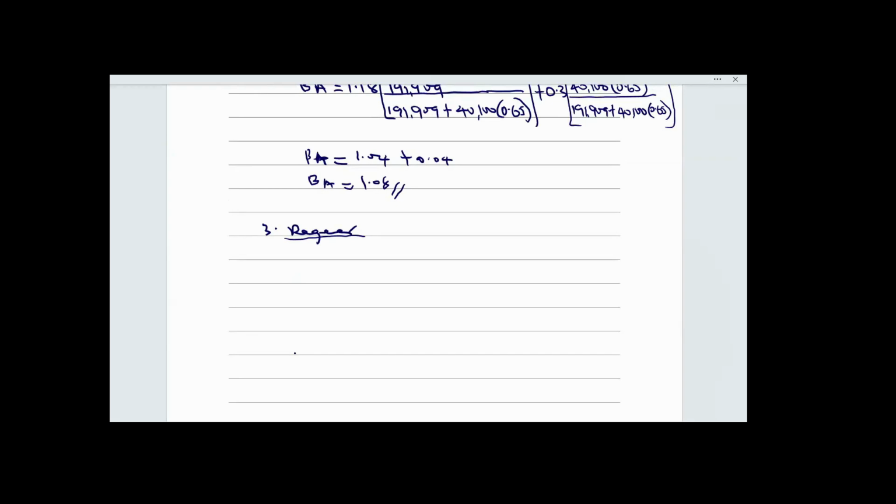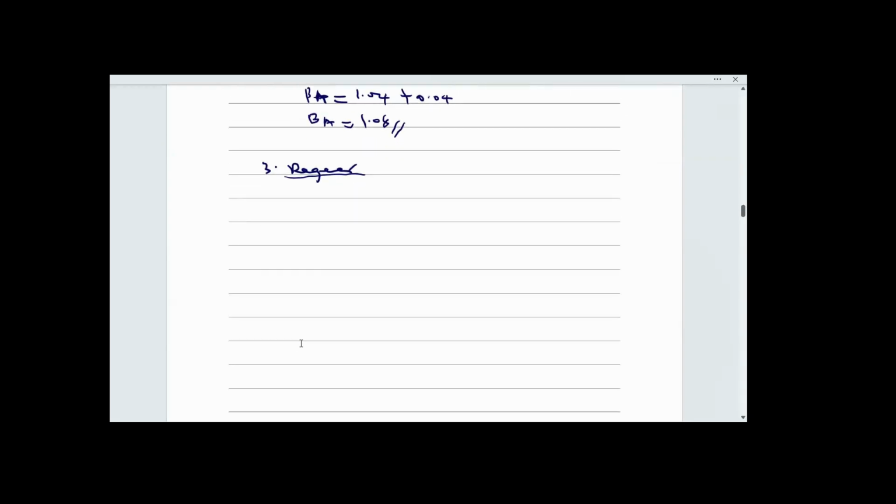But in this case, the examiner says you should assume 0.3 for both. Therefore, I would say beta assets equal to, just repeat the same formula from step 2: equity value divided by equity plus debt, 1 minus tax.